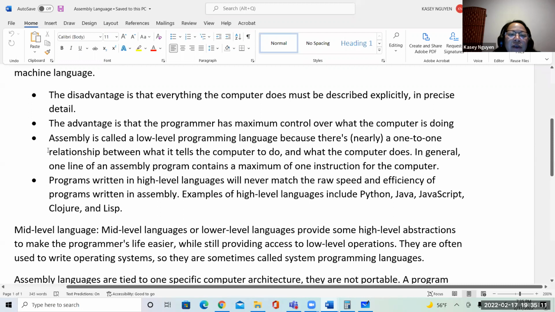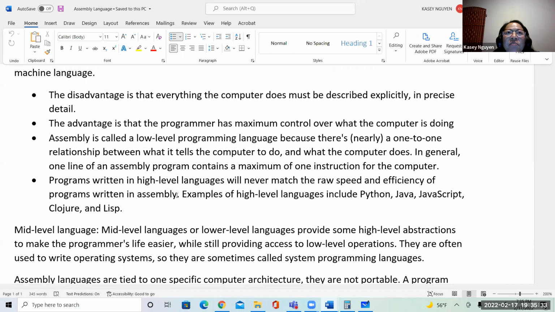Now, when you write in higher level languages like C++, C#, Java, Python, it is never going to match the raw speed and the efficiency of assembly, and that's the advantage. Even though there are many lines in assembly, the computer processes assembly language much quicker, because when you write it in higher languages like Java, things have to be compiled.